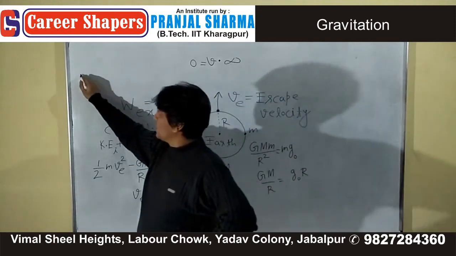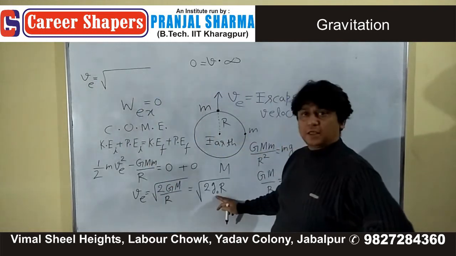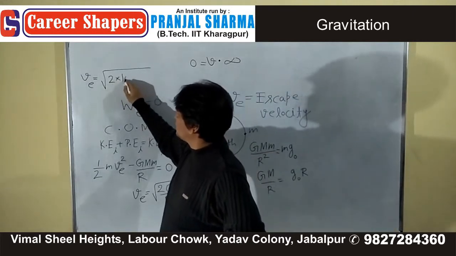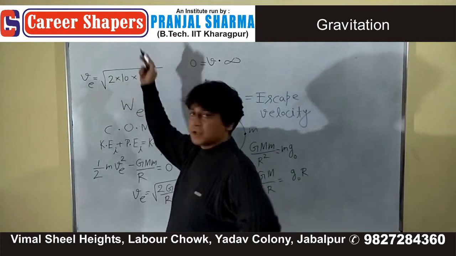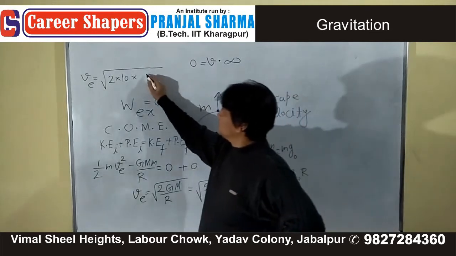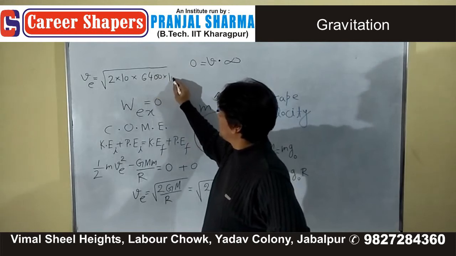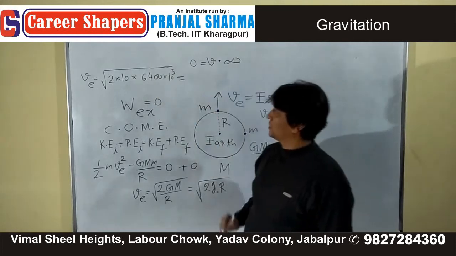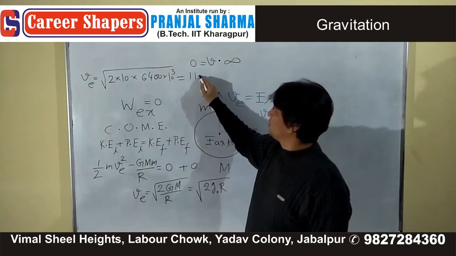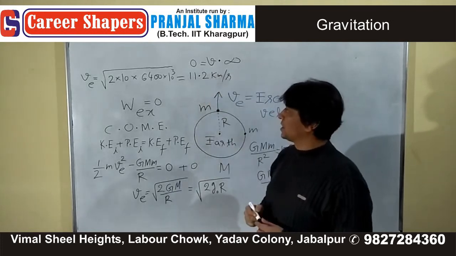If you take g on the surface of Earth as 10, then this is 2 into 10. Earth's radius is 6,400 kilometers, that is 6,400 into 10 to the power 3 meters. When you simplify everything, it comes as 11.2 kilometers per second.